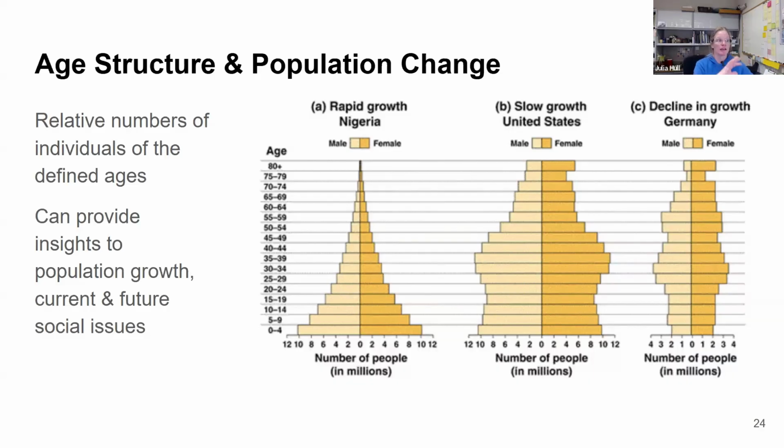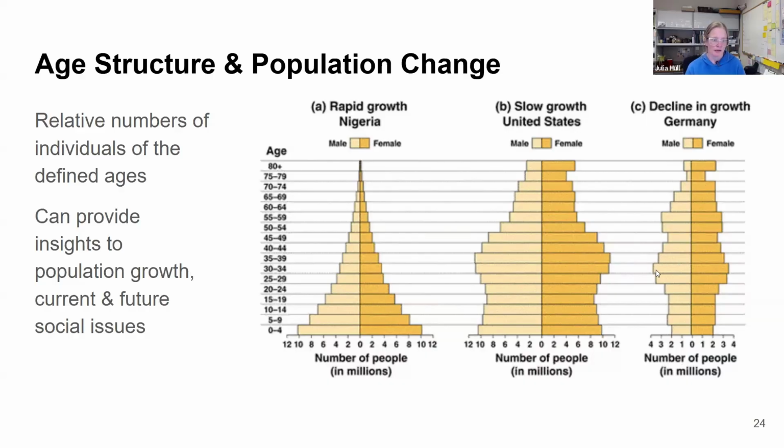So we can use these age structure diagrams to get an idea about how populations are going to change. Rapid growth, like we see in Nigeria, means that there's a lot of kids, right? We have a high birth rate. On the other end of that spectrum, what we see in Germany is a declining growth rate.